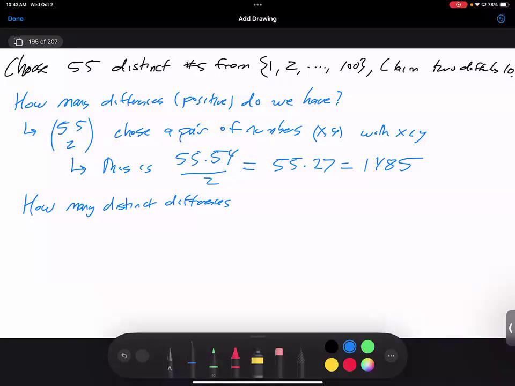How many distinct positive differences can we get? 99. I can do 100 minus 1, 100 minus 2, 100 minus 3, all the way up to 100 minus 99. I can get any positive difference from 1 to 99.